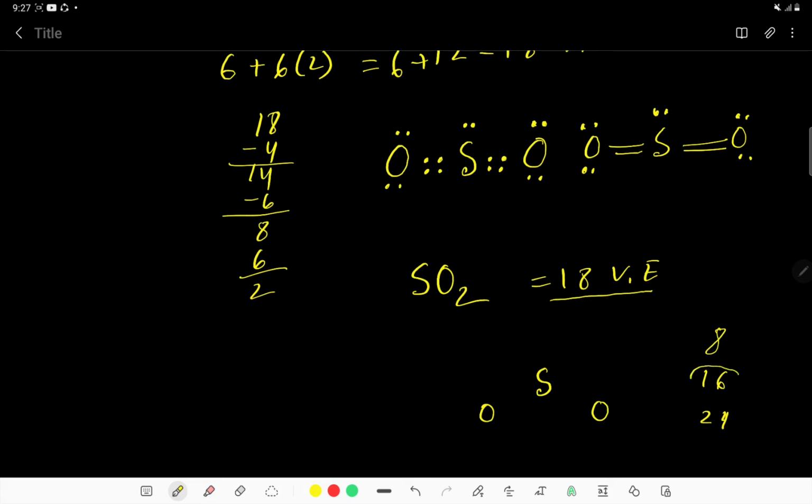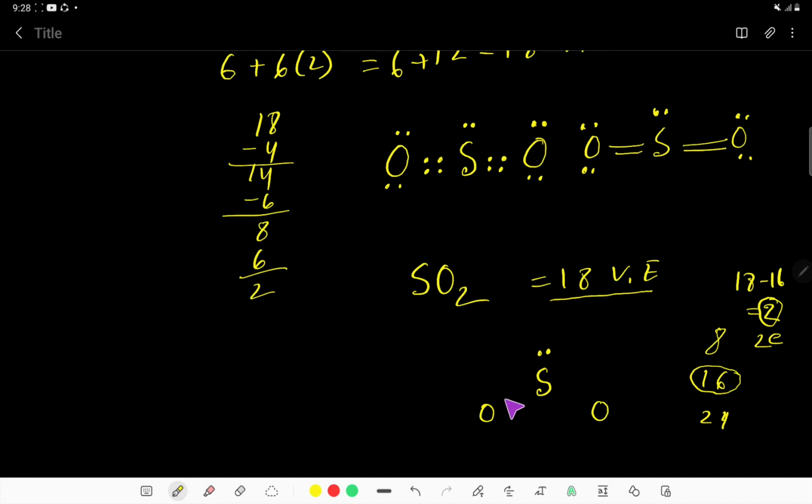So this is the base, right? So look, 18 minus 16. So we have 2. So these two electrons will be a lone pair. So first place the lone pair here, right?